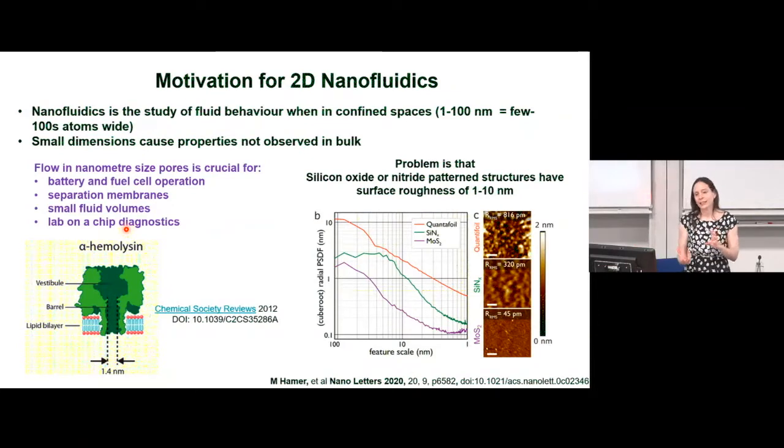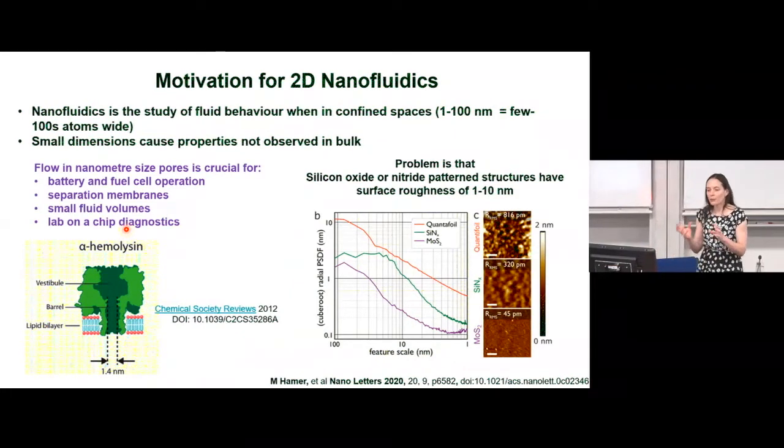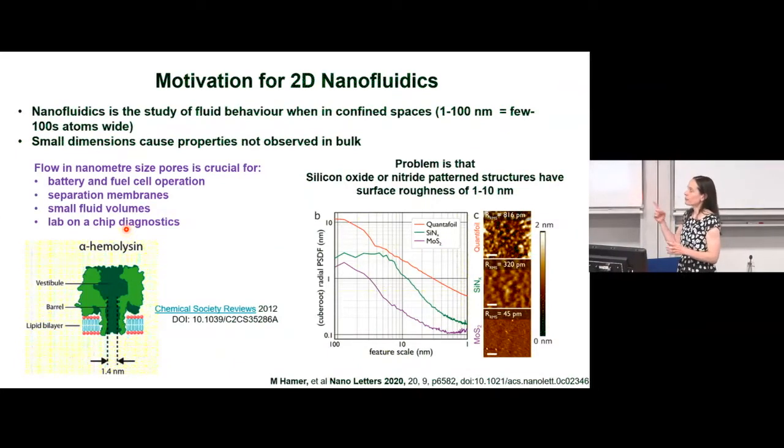The water in your bodies is flowing through gaps in proteins that are of the order of a nanometer or so in size, but studying that is really challenging. The reason that studying that is really challenging is because most of the experiments are done using lab on a chip type devices which are made from silicon nitride or silicon oxide.